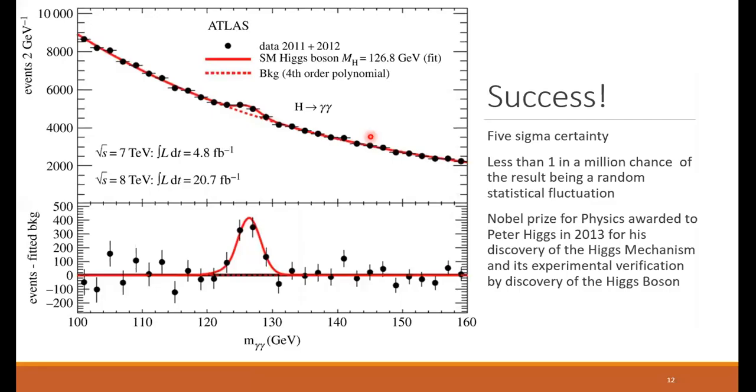And then in 2012, the CERN laboratory produced this result. Now, as you can see here, the first thing I want you to look at is this. This is the bump that we were looking for, the blip on the graph. Now, the diagram at the bottom, it's the same thing, but with the background subtracted.